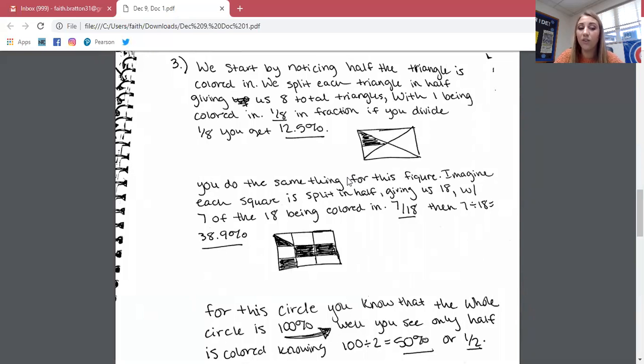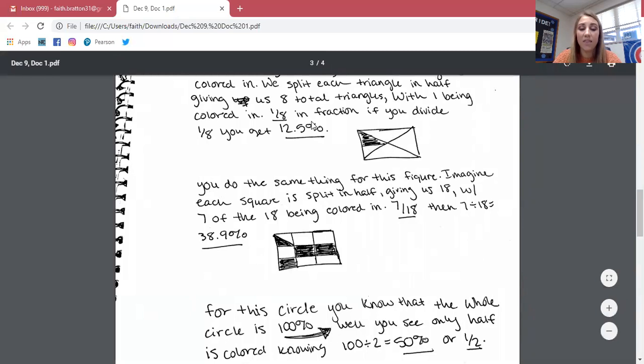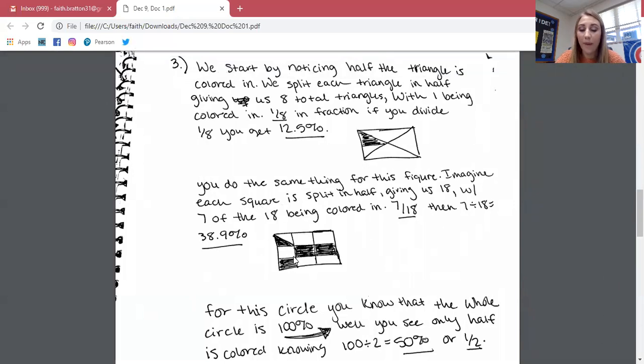If you divide 1 by 8, you will get 12.5%, which shows the fraction, 1 over 8, and the percentage, 12.5%, that is colored in. You do the same thing for the next figure. Imagine that each of these squares is split in half, giving us 18, because right now we have 9.